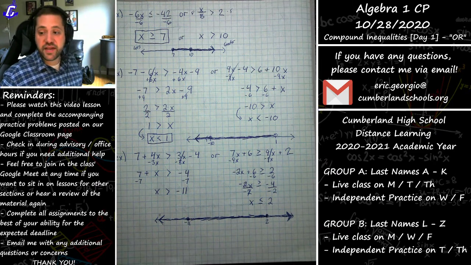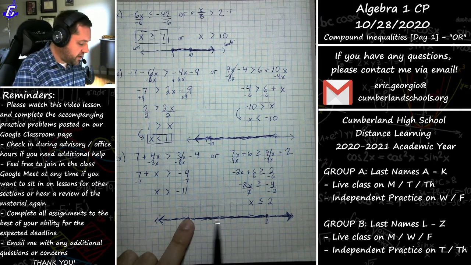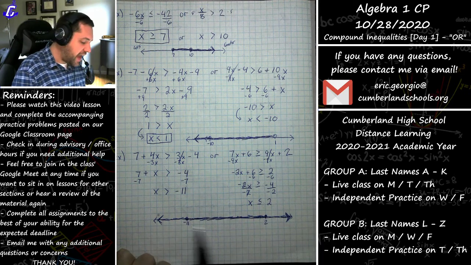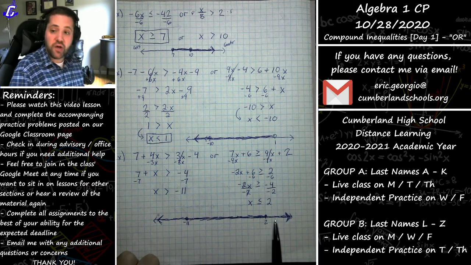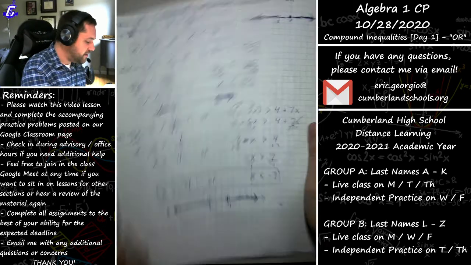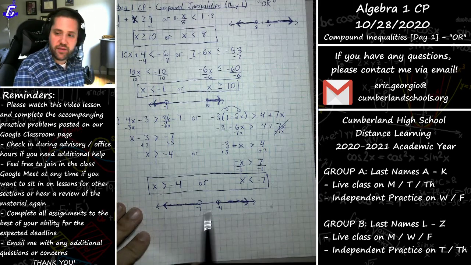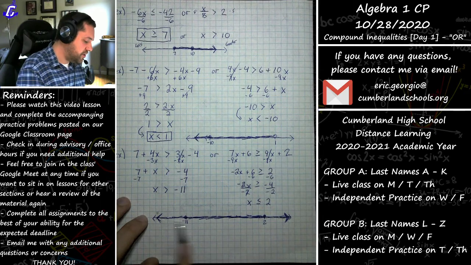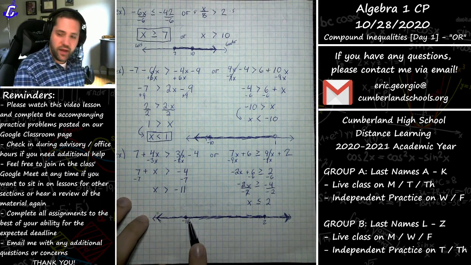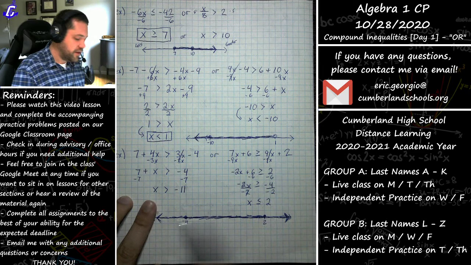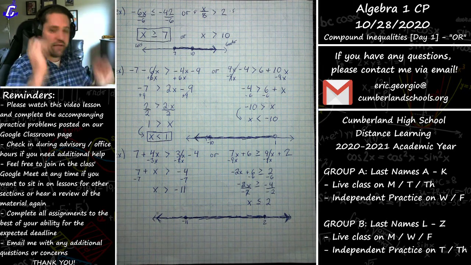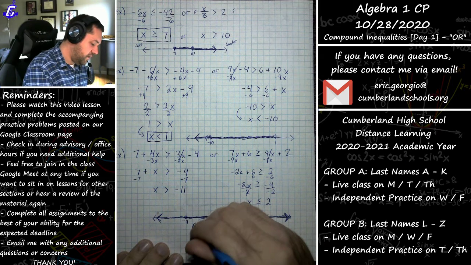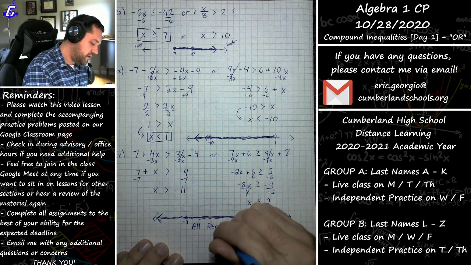So when all is said and done, we have shading occurring to the left forever and shading occurring to the right forever, and everything in between is also captured in that. Unlike these, notice, where we had this gap in between, here now everything in between is captured by this shading. And since we're going forever to the left, forever to the right, and we include everything in between, not surprisingly, our answer here is all real numbers.